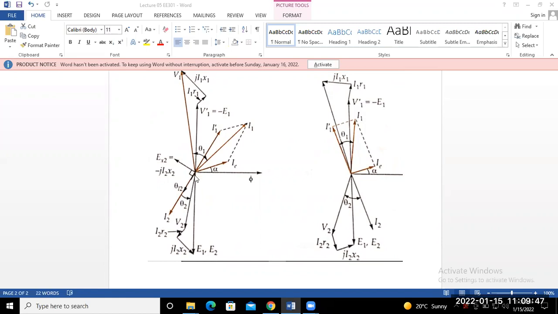The leakage flux due to the secondary coil is represented by phi L2, and from this the leakage flux EMF induced is EX2 equal to minus jI2X2. And I2 is here. So now what is the voltage drop due to R2? How can you draw the voltage drop of R2?